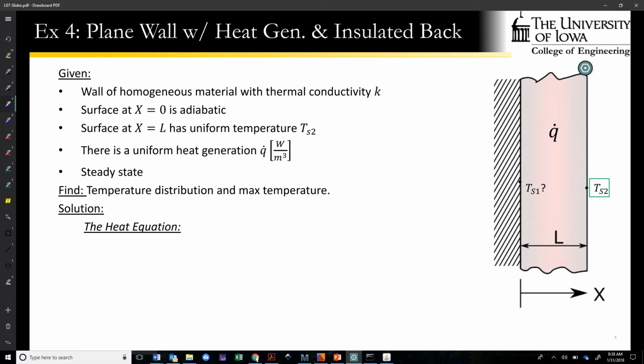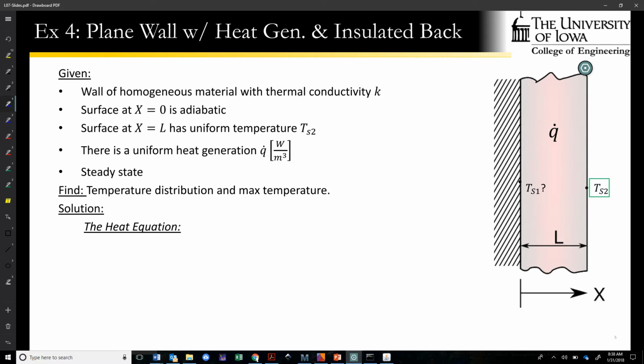But we're throwing a wrench into that today by including this Q dot term, which, remember, is the rate at which energy is being converted from some non-thermal form into a thermal form. If you run electrical current through a wire, for example, it's known as ohmic heating or resistive heating.